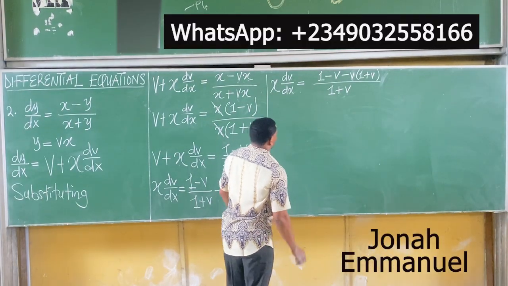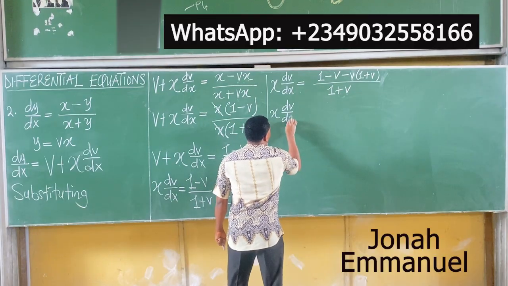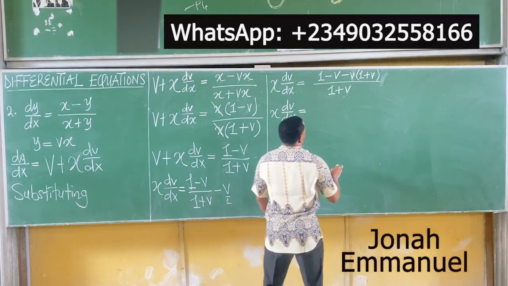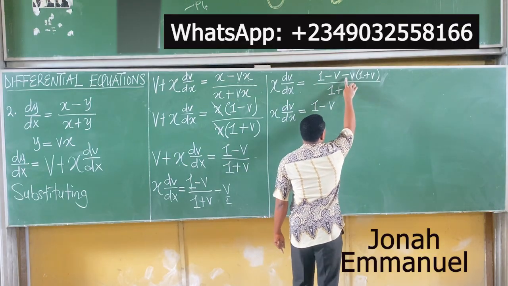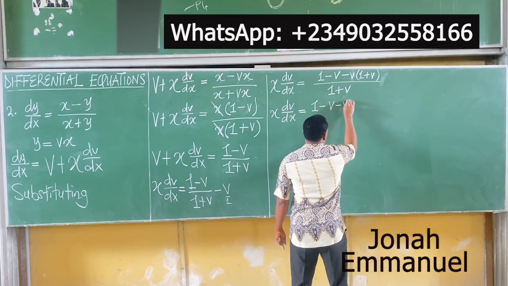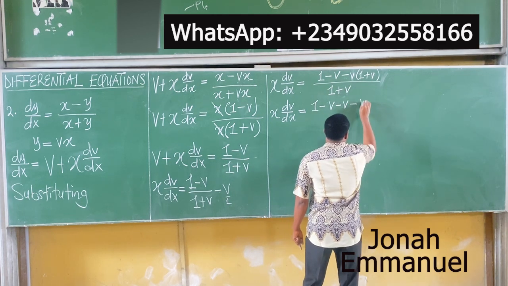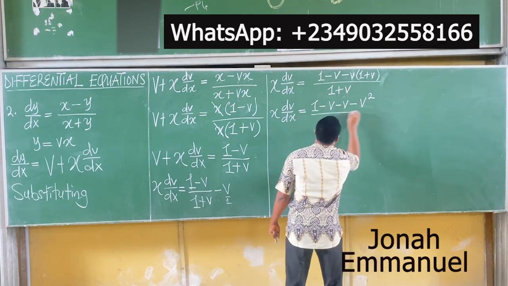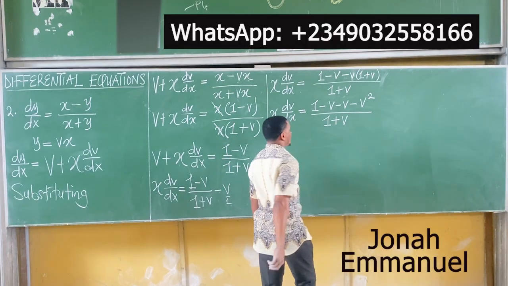All right, work on this. What do you have here? X dv/dx is equal to, expanding, I have 1 minus v. Minus v times 1 gives you minus v. Minus times plus, minus v times v, minus v squared, all over 1 plus v.